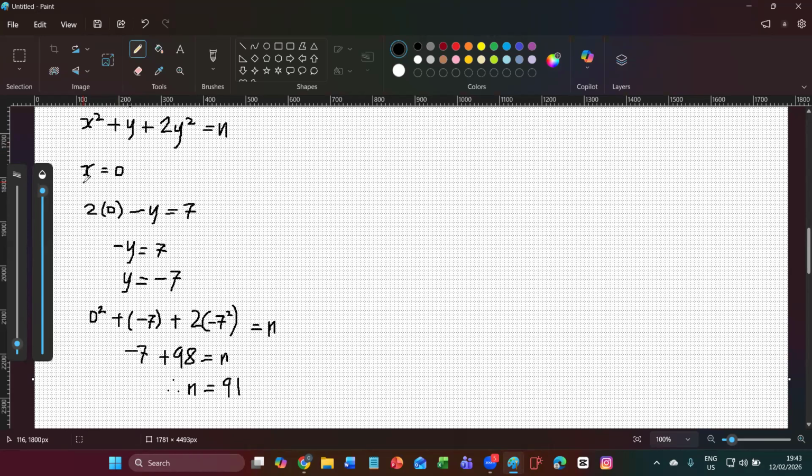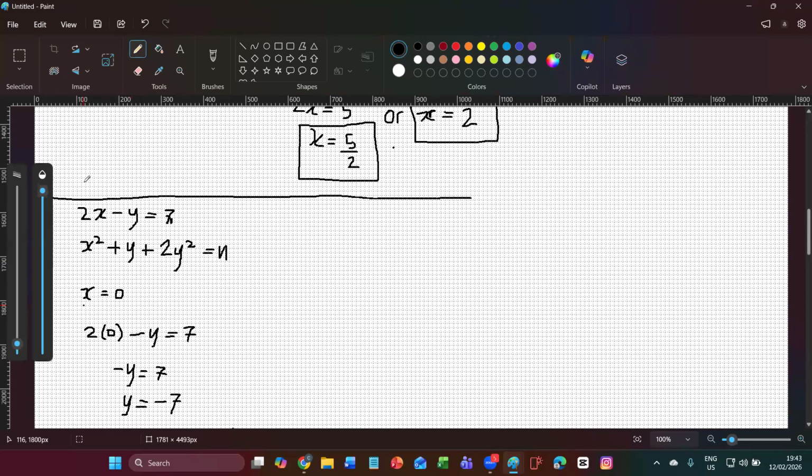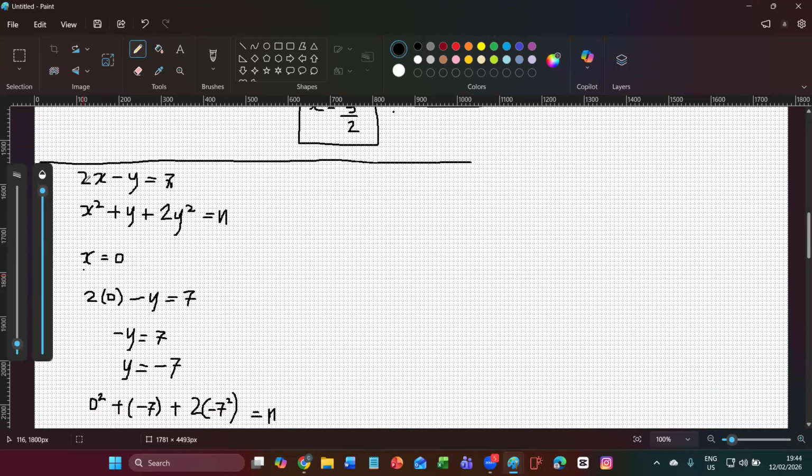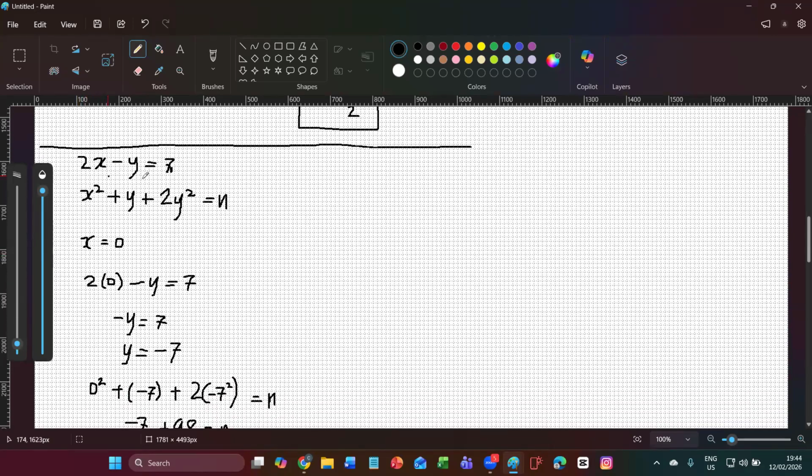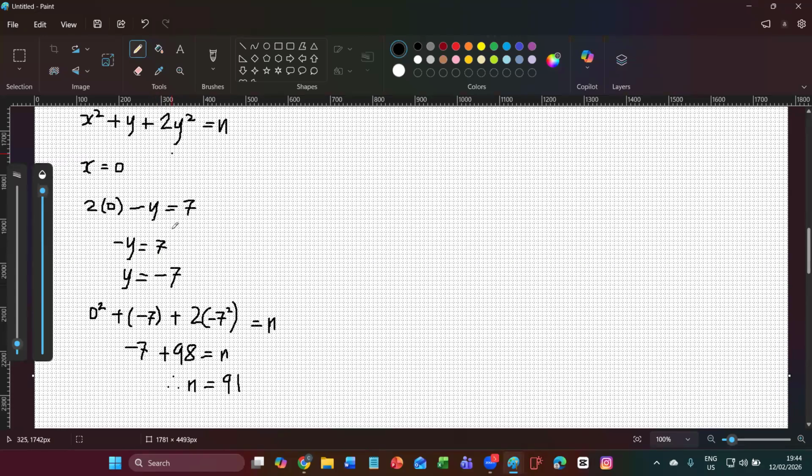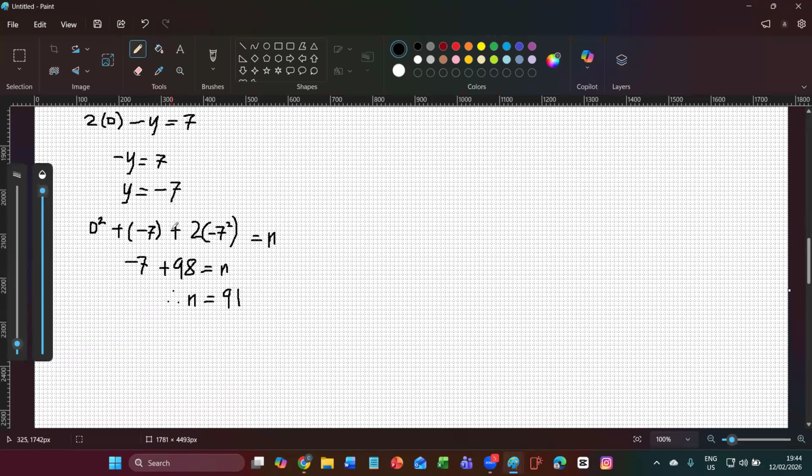So all you needed to do was plug in 0 anywhere you see x, and then you'll be able to work out your values for y. And did you notice that I started with the simpler equation, the 2x y? Then I walked into the second one, which gave me the value of n.